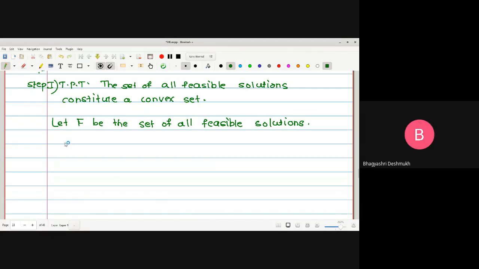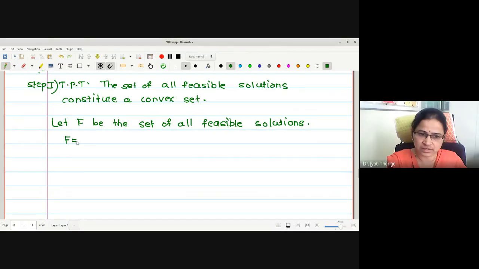The non-negativity restrictions. Yes, the vector should satisfy the non-negativity restriction. Therefore, shall I write this as the set of values of variables x such that it satisfies the set of constraints? In matrix form, we have written the set of constraints as Ax equals b. Correct, no? And what about the non-negativity restrictions?